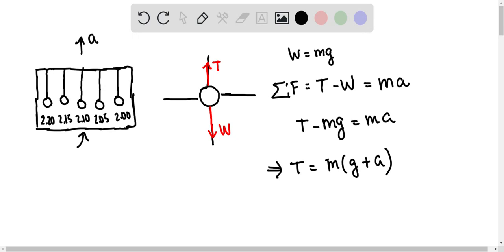So for that, we obtain this condition: the tension must be less than the product of the mass of 2.10 kilograms times the acceleration due to gravity plus the acceleration. This tension we're going to call the maximum tension.